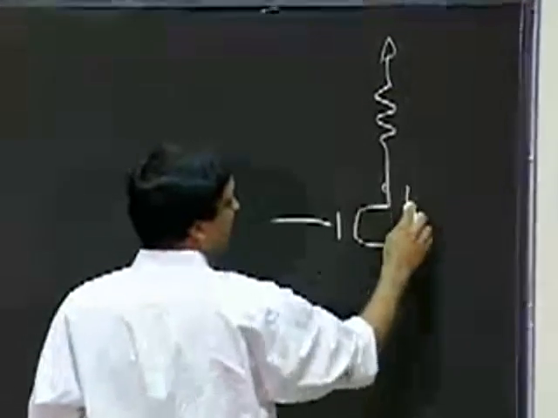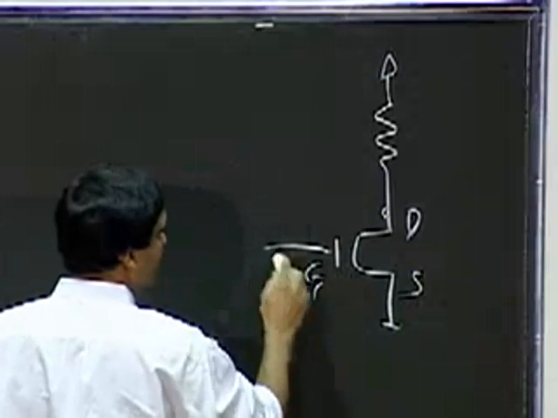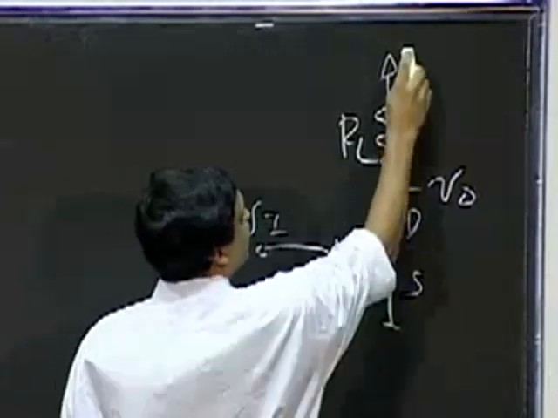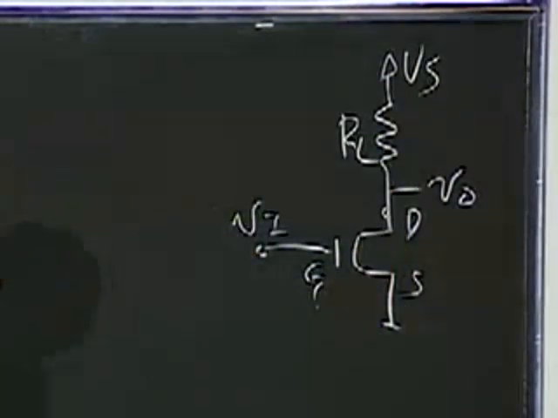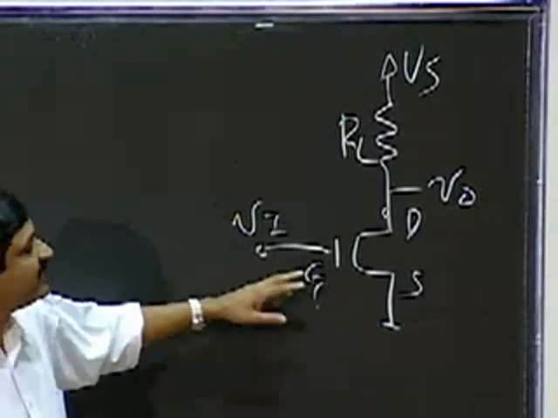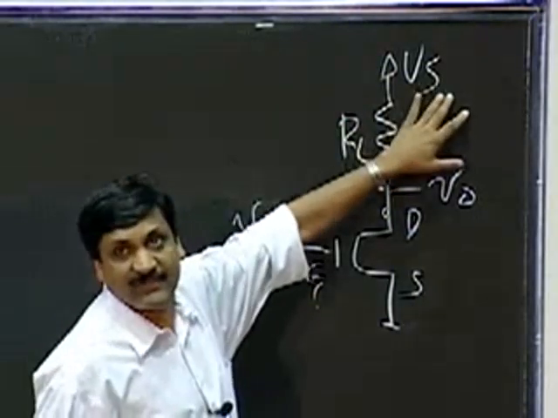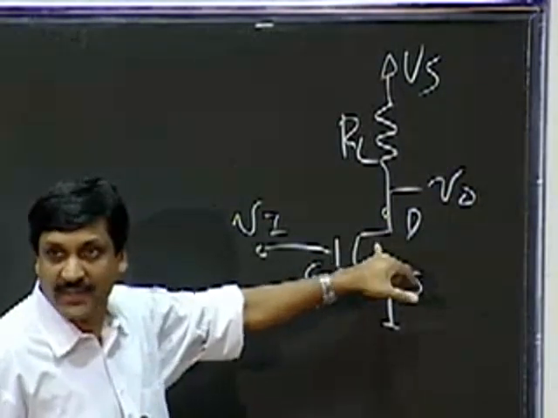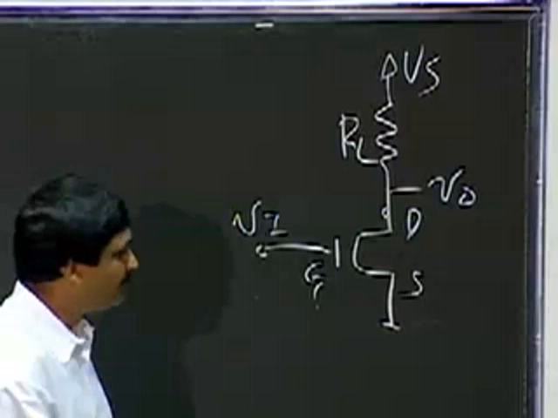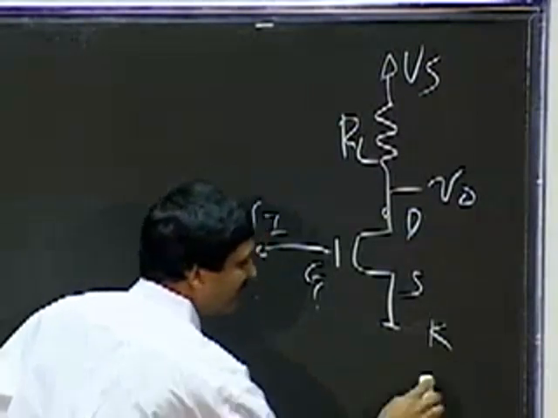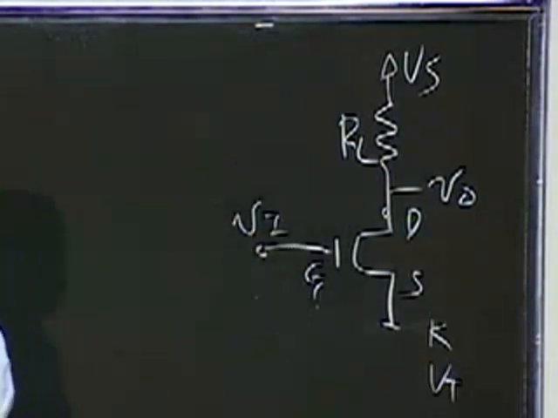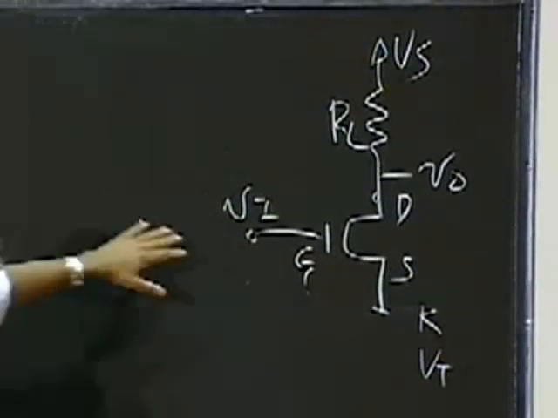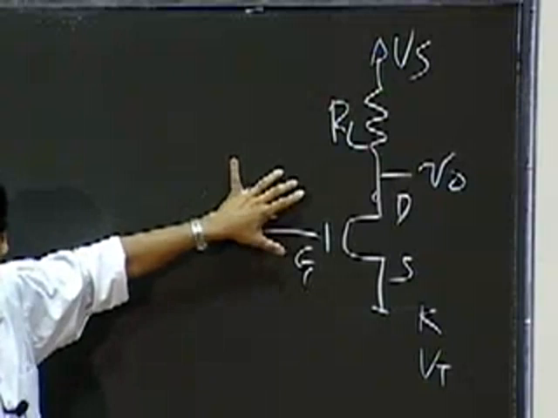for this little circuit, with drain, source, gate, VI, V0, RL, and VS. Given a value of the supply VS, RL, and a MOSFET, which in our case implies a given value of K and a given value of VT for that MOSFET, let's assume VI is my free variable here.